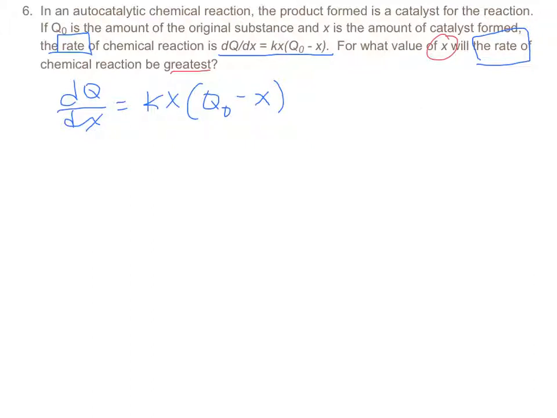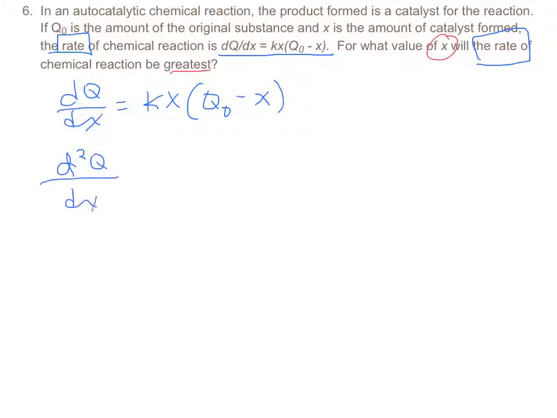We're not going to actually get rid of the k or the Q sub 0. We're just going to worry about the x itself. So I'm going to take the derivative of this derivative in order to find the critical numbers of this particular rate.